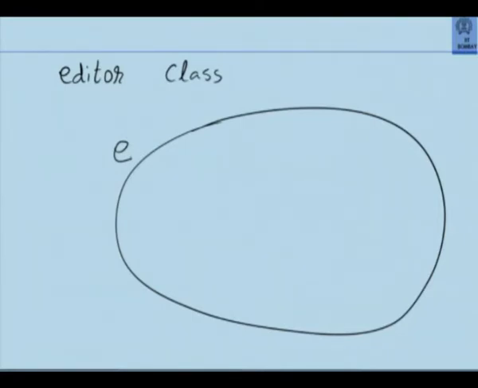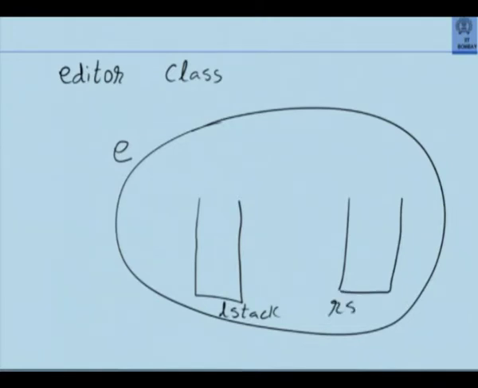So let us look at the private data members that an editor object of a class must have. It must have two stacks. So let us say that this editor object will have something called L stack and something called R stack.